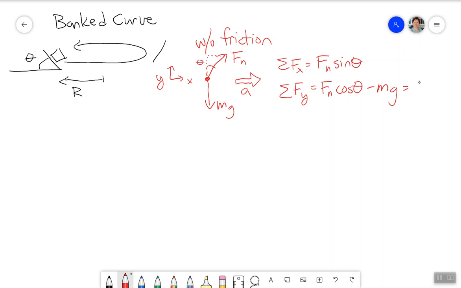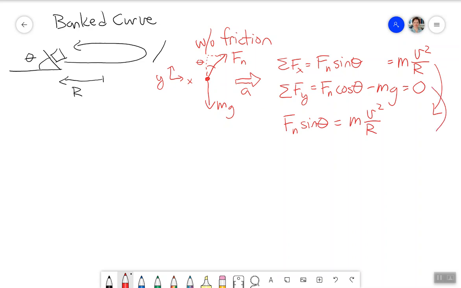In the y direction, you're not going to slide up or down the road, so the acceleration is 0, and in the x direction it is the centripetal acceleration, v squared over r. We don't know what the normal force is, but to find the speed, let's start with the top equation: Fn sine theta is mv squared over r.